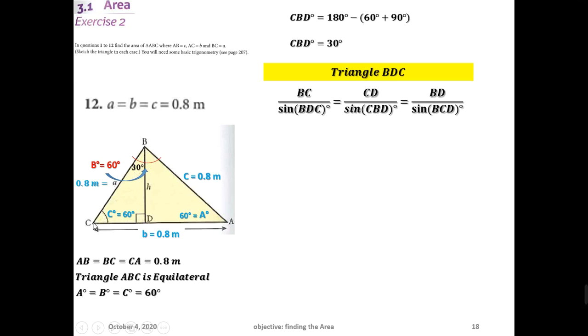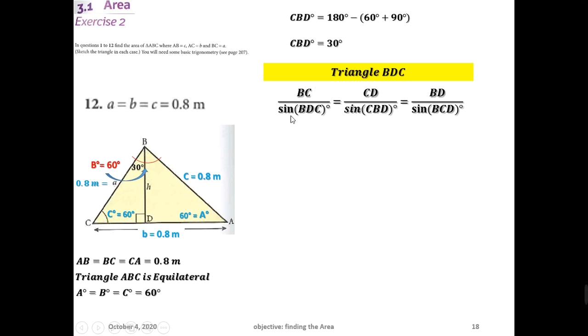So side CD over sine of angle CBD is equal to side BD, the opposite angle to it is angle BCD. So side BD over sine of angle BCD.